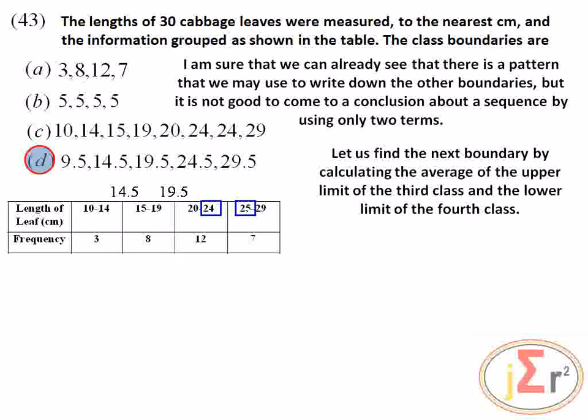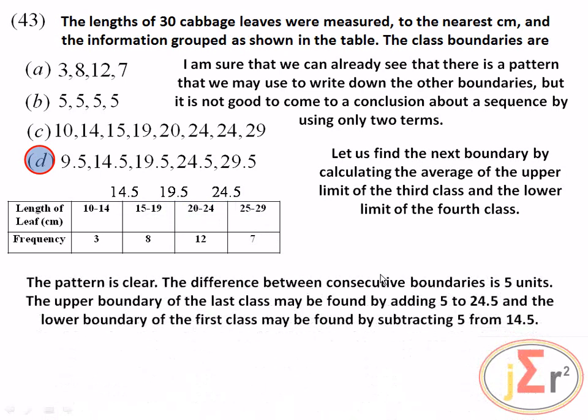Let us find the next boundary by calculating the average of the upper limit of the third class and the lower limit of the fourth class. 24 plus 25 divided by 2. The pattern is clear. The difference between consecutive boundaries is 5 units.